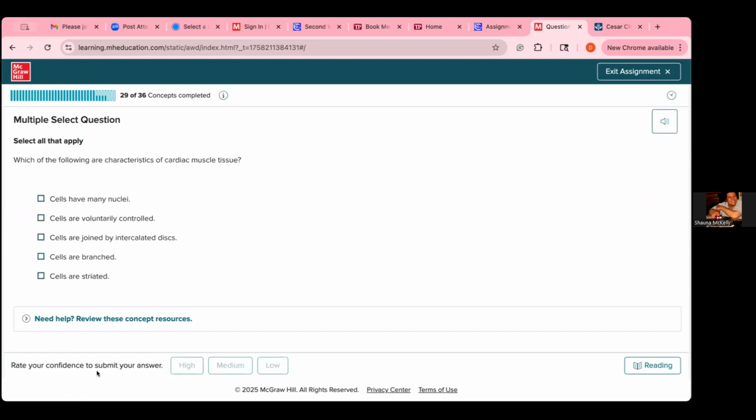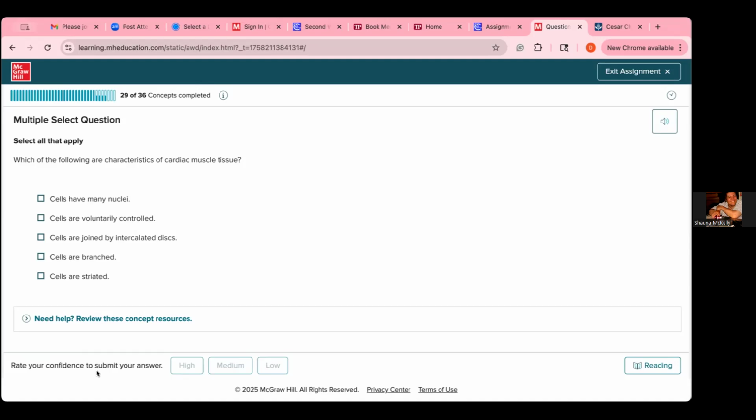Which of the following are characteristics of cardiac muscle tissue? So there's a bunch of characteristics. This is the one that's in the heart.